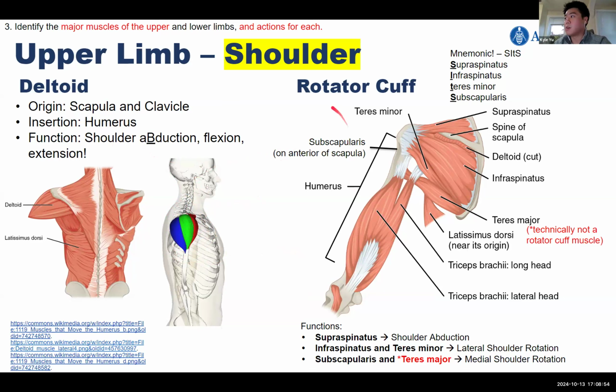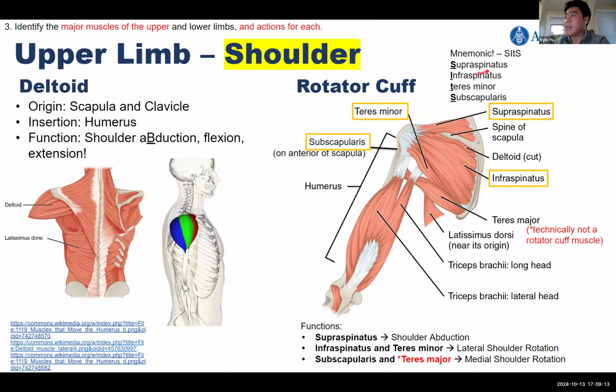Next, we have the rotator cuff, and this is primarily going to be 4 muscles. So we have the supraspinatus, the infraspinatus, the teres minor, and the subscapularis, which is on the anterior of the scapula. You can't see it on this view. A mnemonic that I like to use for the rotator cuff muscles is called SIT.